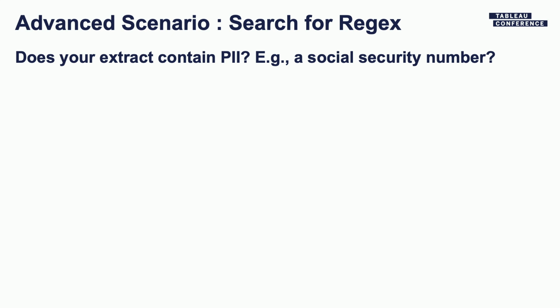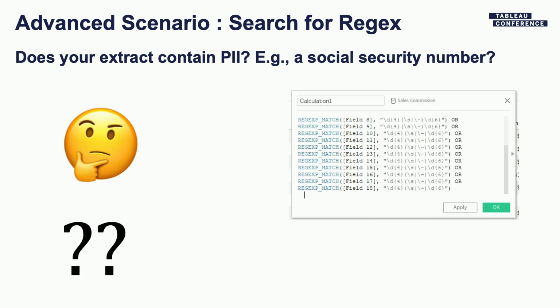But you have so many hyperfiles lying around, and you don't know whether there is PII in them. What I heard was someone wanted to just inspect the column names and then say, this sounds like PII, so we should better look at it. Because if you have thousands of hyperfiles, how to do this?